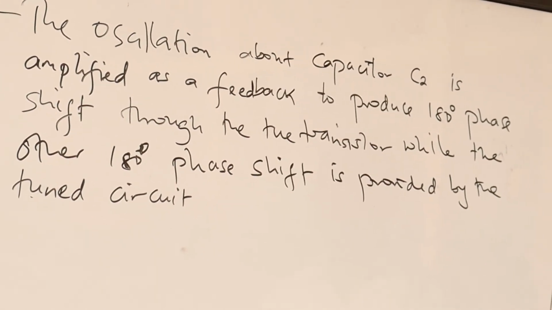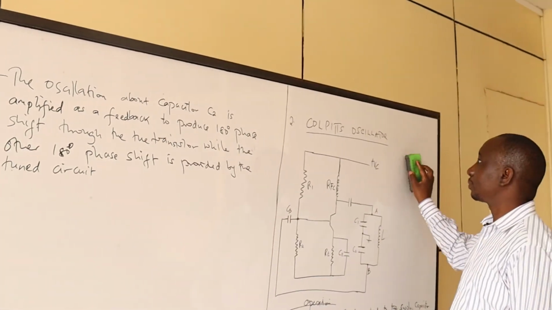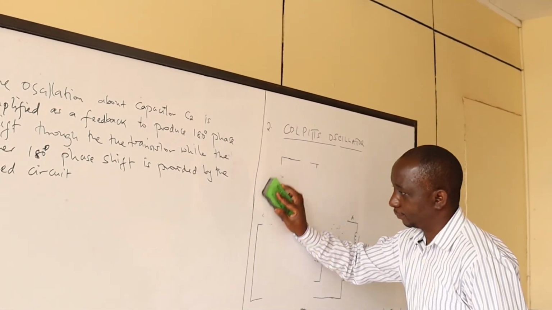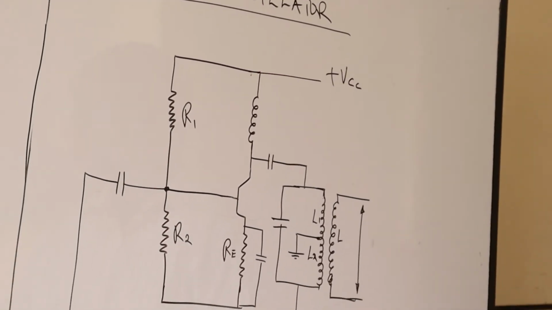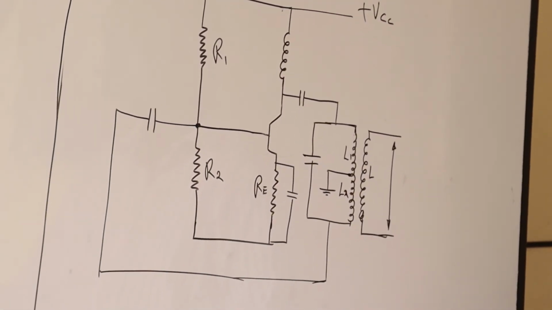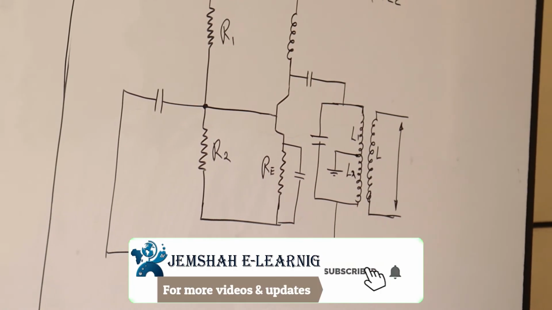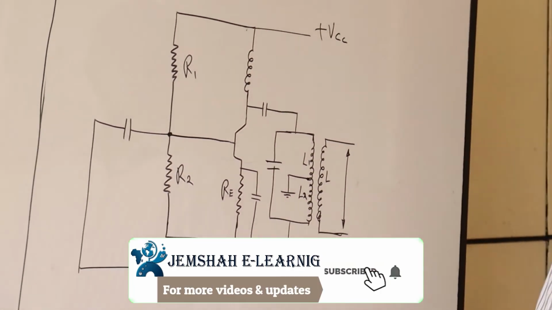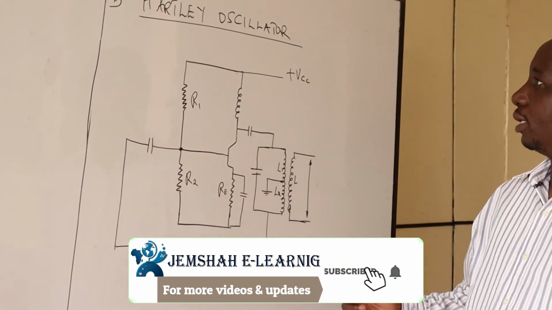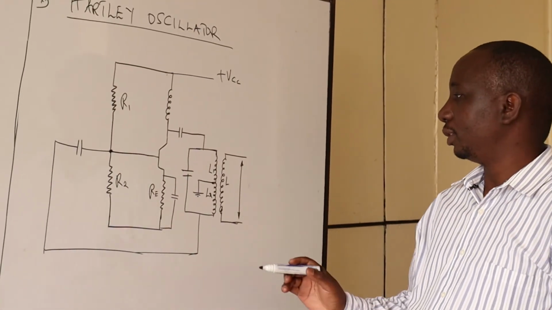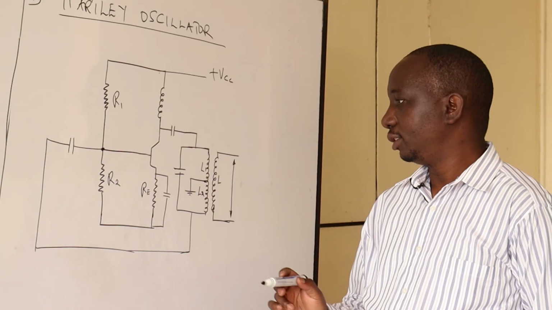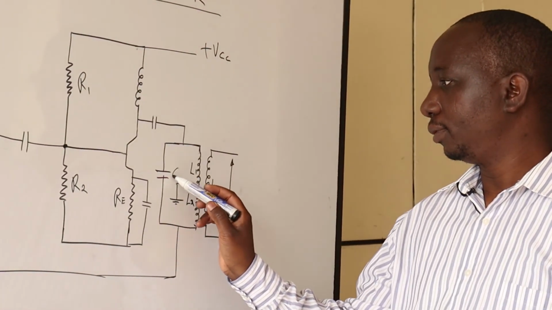We're going to go to the third one, the Hartley oscillator. A Hartley oscillator has a unique feature in that it uses two inductors in its tuning circuit.